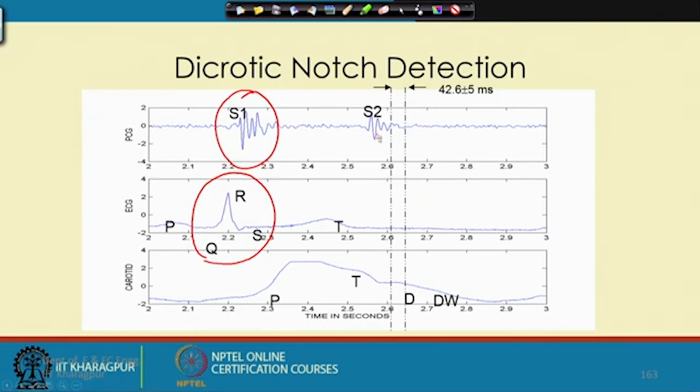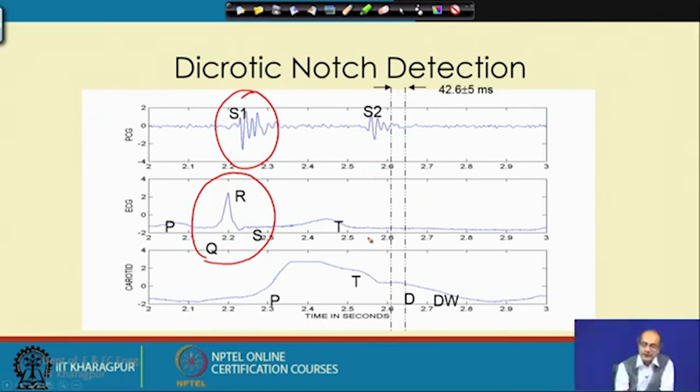Now, the S2 one comes when the ventricles relax and the valves, which were so far allowing the flow of blood from the ventricles to the arteries, close down. If the valves get calcified, instead of a soft sound, they will make a metallic sound, and that will give rise to an increase in the S2 sound.